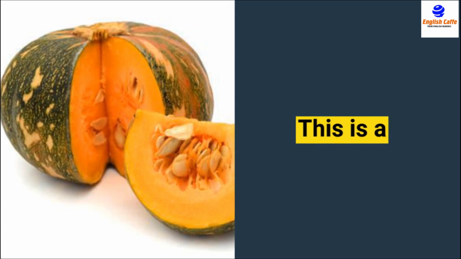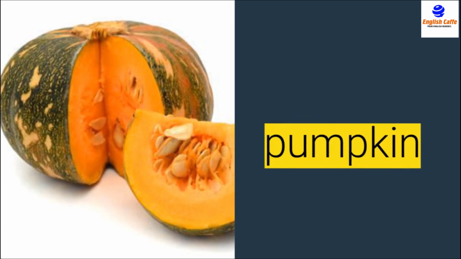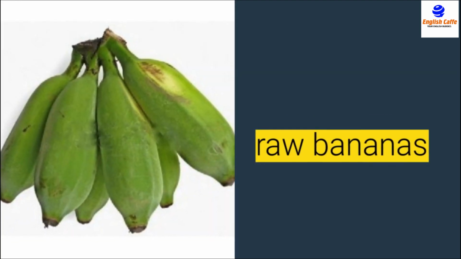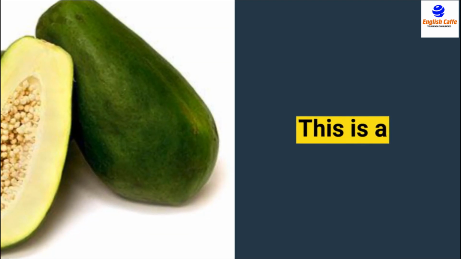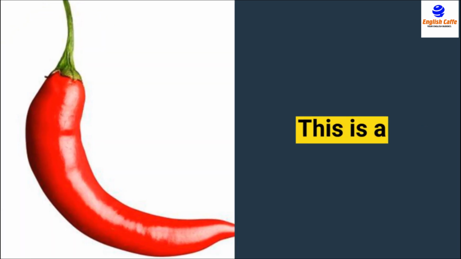This is a pumpkin. These are radishes. These are raw bananas. This is a raw papaya. This is a red chili.